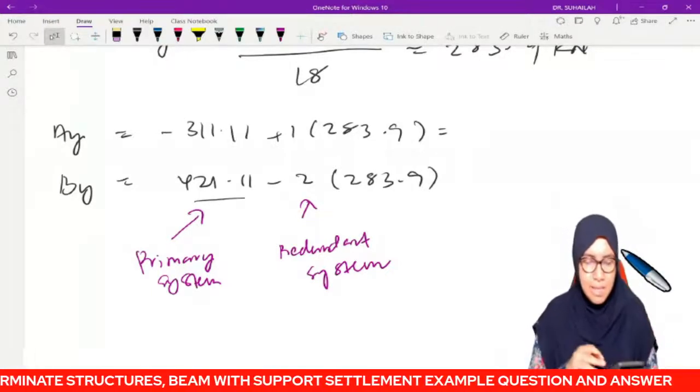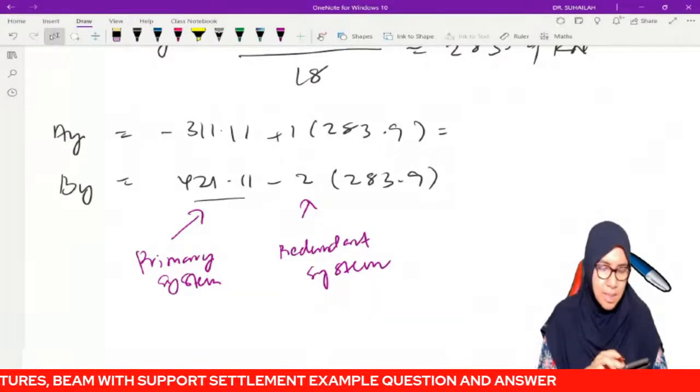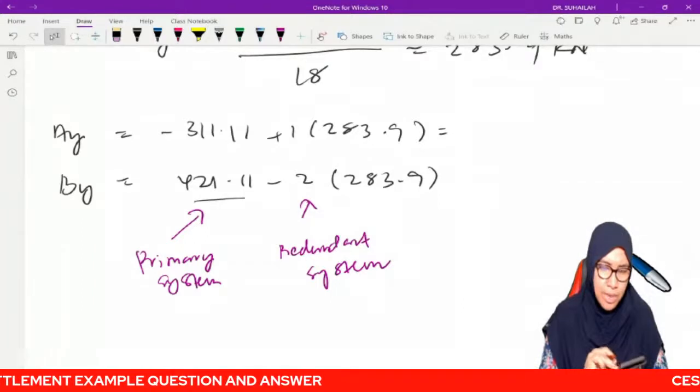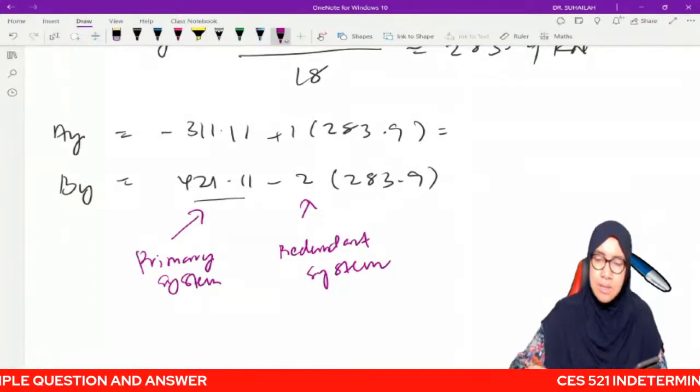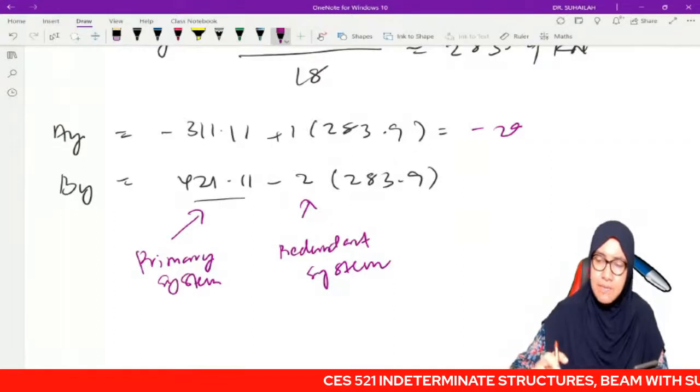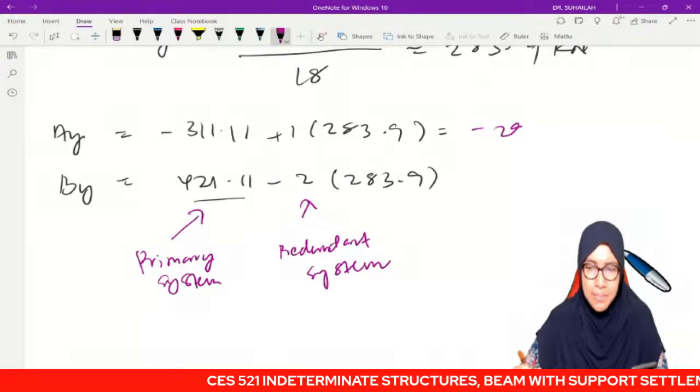So what we get is negative 311.11 plus 283.9, so we get negative 27.21.